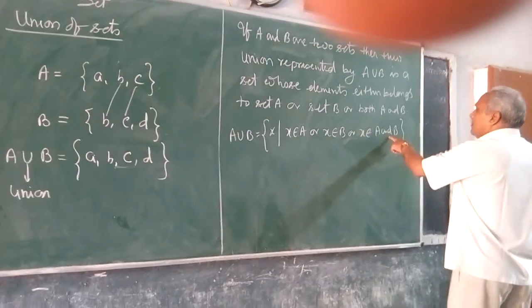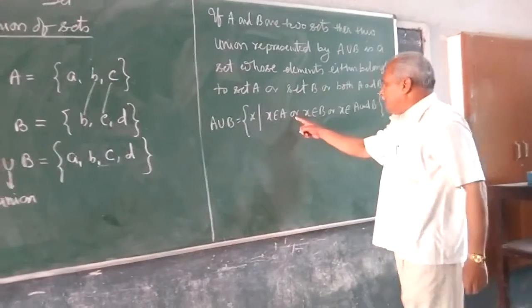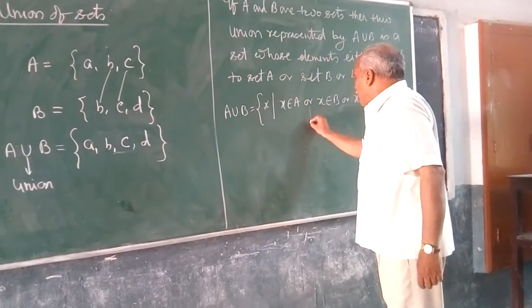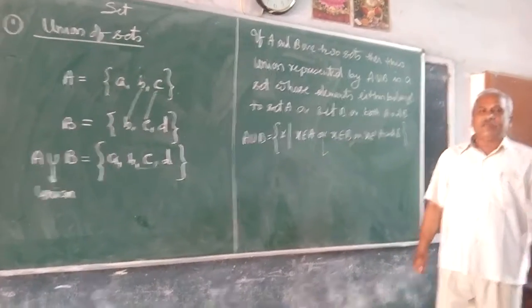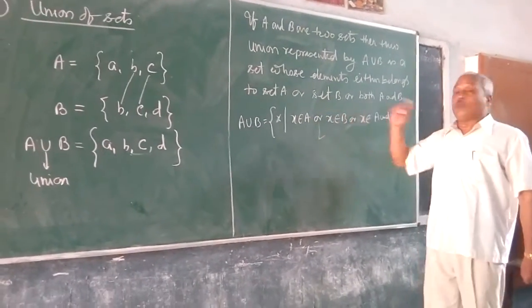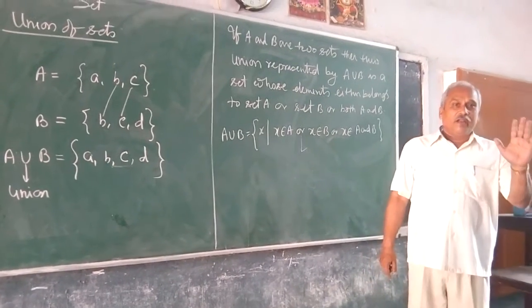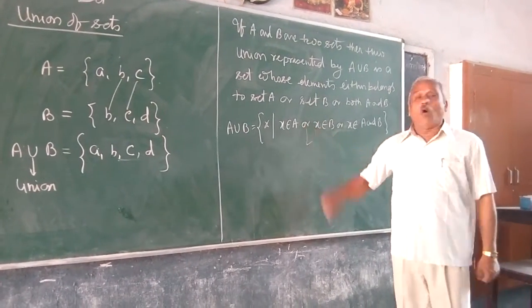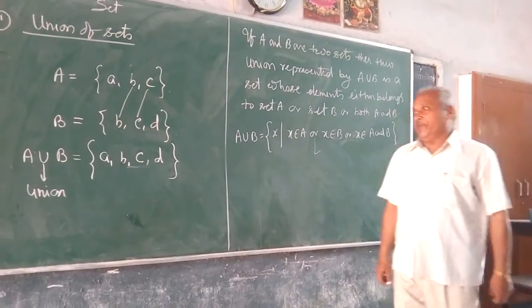This last term may be included or may not be included, but one thing you must keep in mind: this word or is very significant in writing the concept of A union B. Either it belongs to A or belongs to B. Always keep in mind that for union we use the word or.